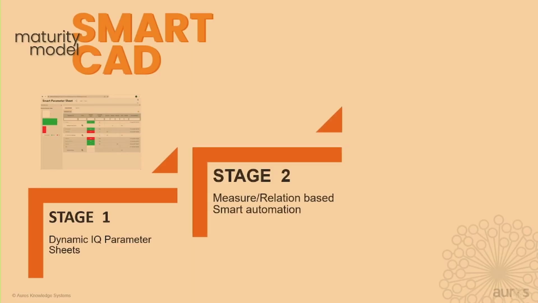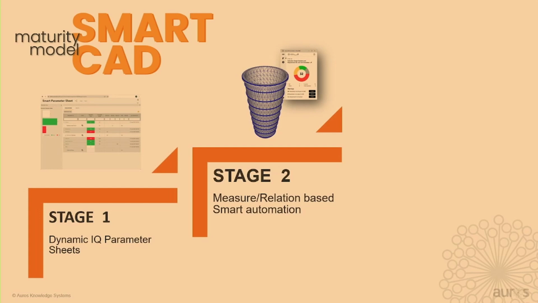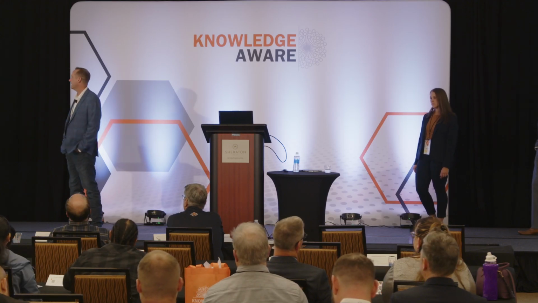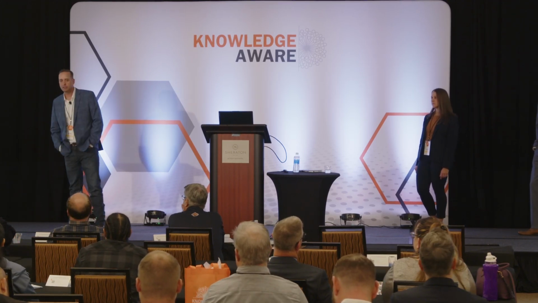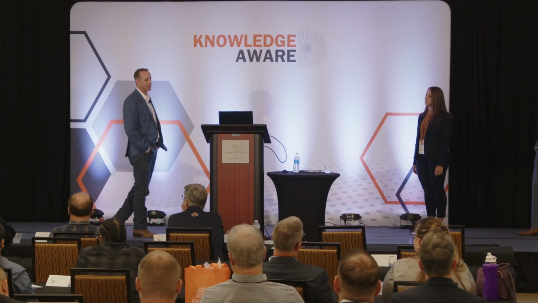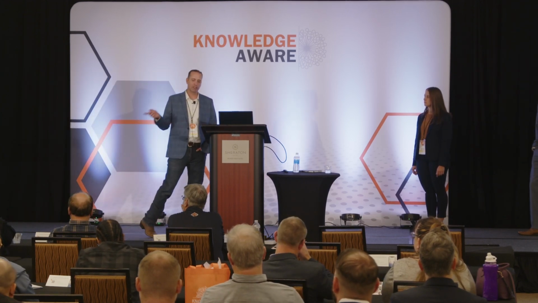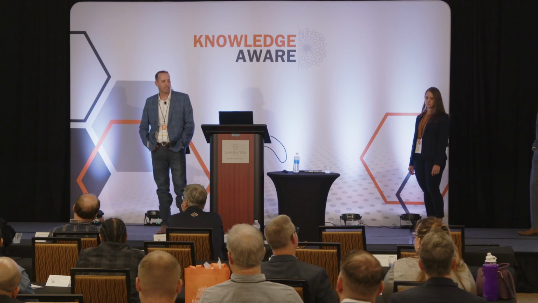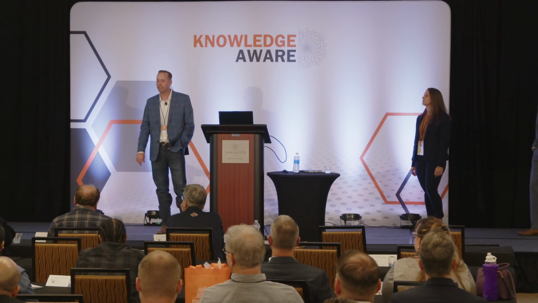Next, we take those dynamic parameter sheets, all those knowledge models, all the parameters that are created as part of those knowledge models, and we start connecting into the model directly in CAD, using measures and relations, letting the CAD system interact with the knowledge processing engine that Jeff talked about, that knowledge service layer.